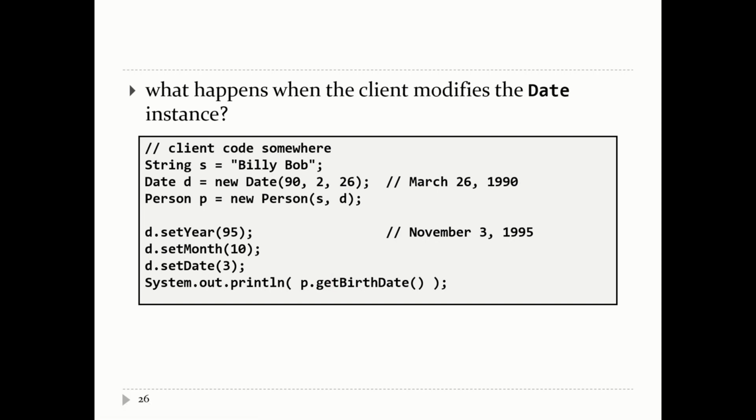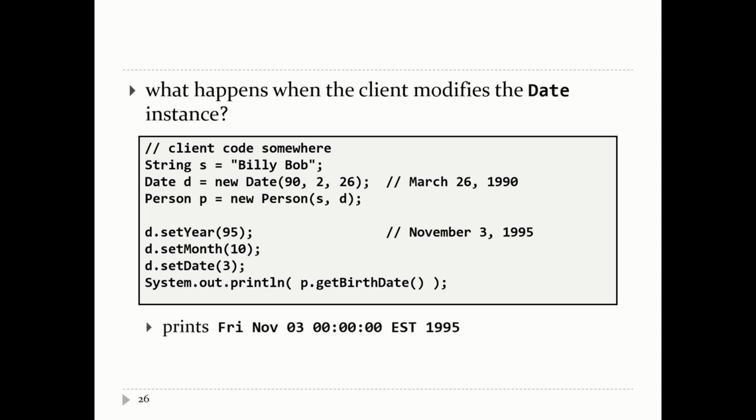If you ask the person, what is your birth date? It suddenly changes from March 26th to November 3rd, 1995. That shows you that you can change the birth date of a person without asking the person object directly. As long as you have a reference to their date object, all you have to do is change that date object, and then the person object sees this modified date.